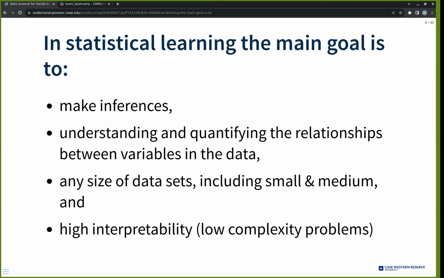The good thing about it is that you are not restricted in terms of the amount of data you have. Even if you have 50 or 70 data points, you can do statistical learning. And it is very highly interpretable. It's not like a black box. You know what is going in and what will be the transformation that will come out, so you know the entire relationship of the predictor with the response.